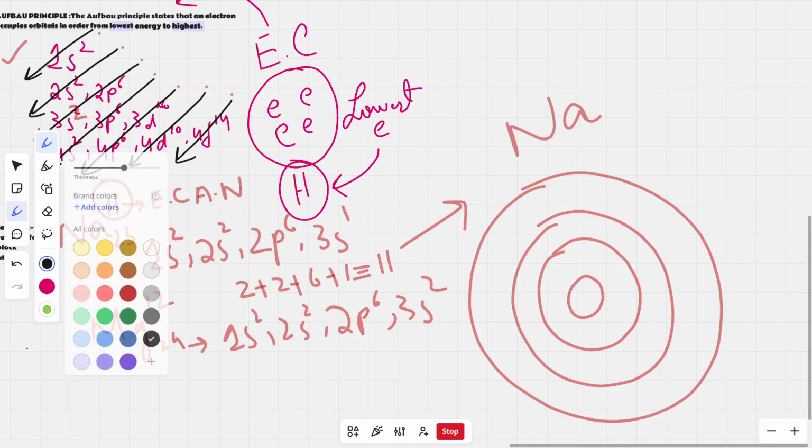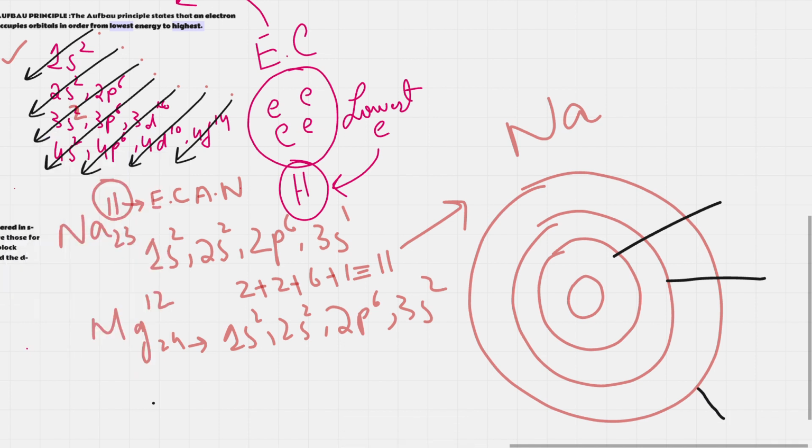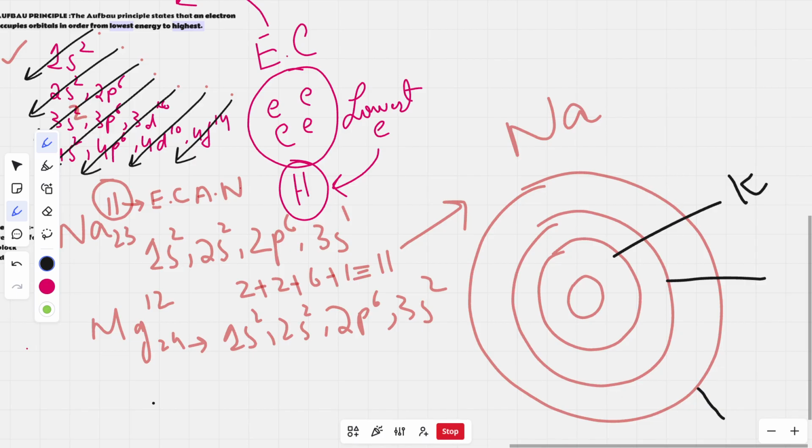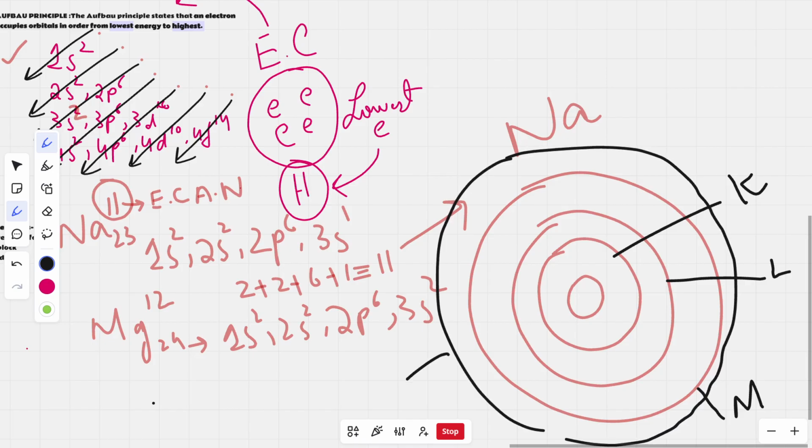You have to just pay attention to the number of electrons. This is the first shell, this is the second shell, this is the third shell. These shells have some names. The first shell is named K, second का नेम है L, थर्ड का नेम है M, और अगर हम फोर्थ वाला बाहर ड्रॉ करें तो उसका नेम है N.